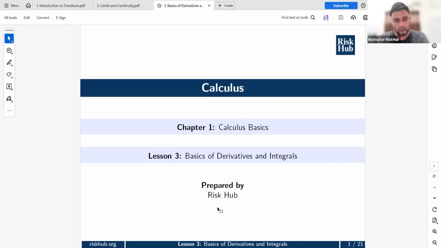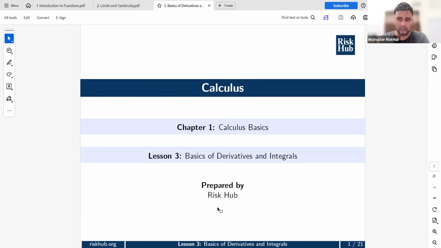Calculus is the mathematical engine behind modern finance. Every major financial model uses calculus, whether it is option pricing, portfolio optimization, interest rate models, or risk management.